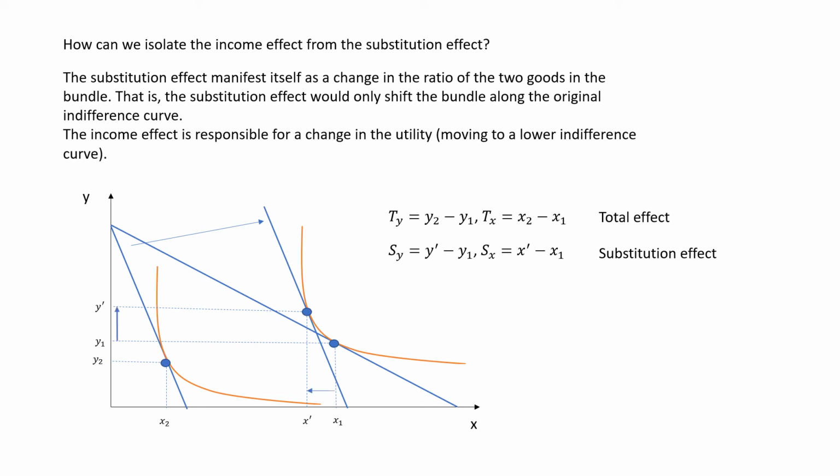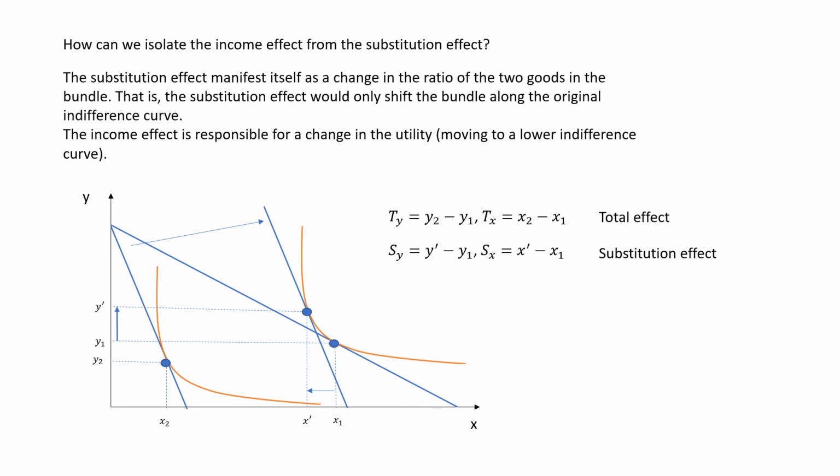You can see that the substitution effect works as expected. Because x became more expensive, the substitution effect was negative on x. On the other hand, because y became relatively cheaper, the substitution effect is positive, and you see that y prime is above y1.